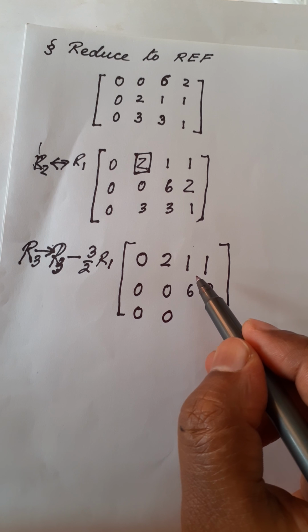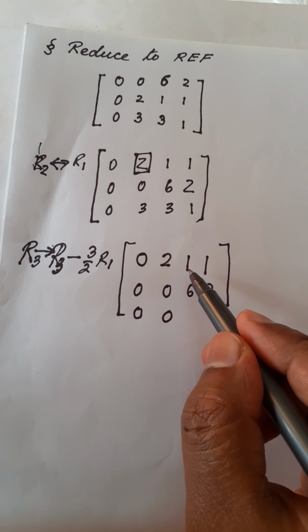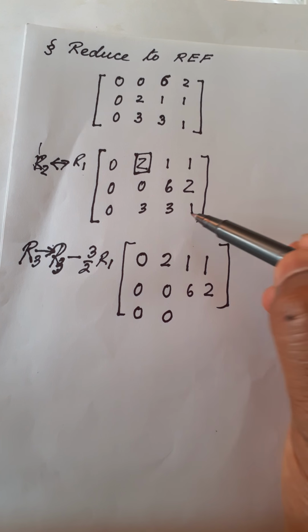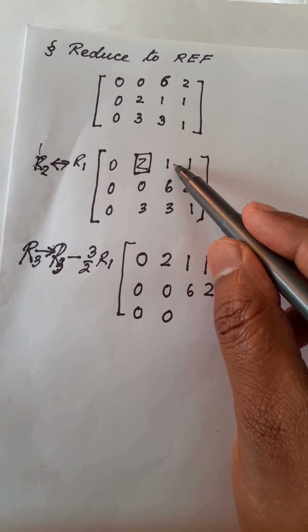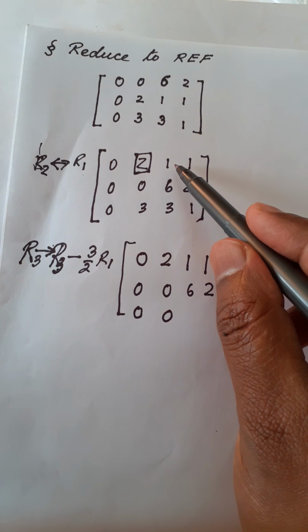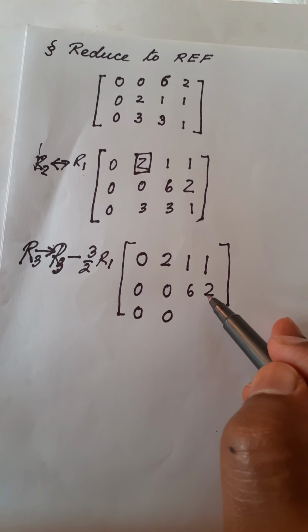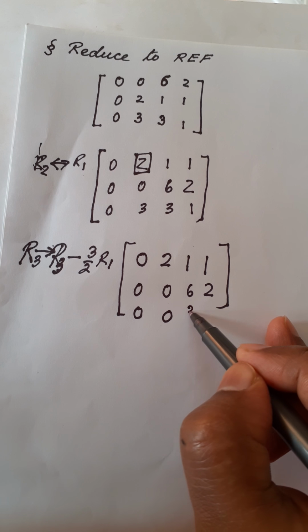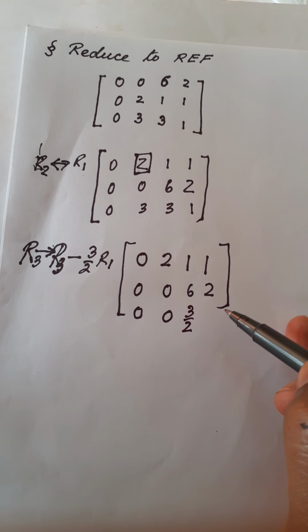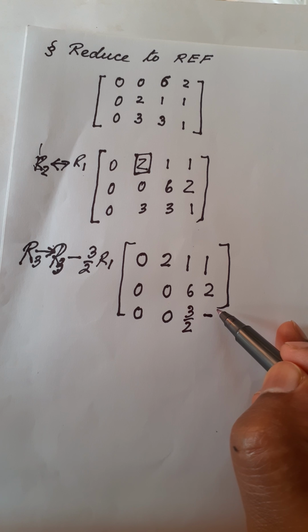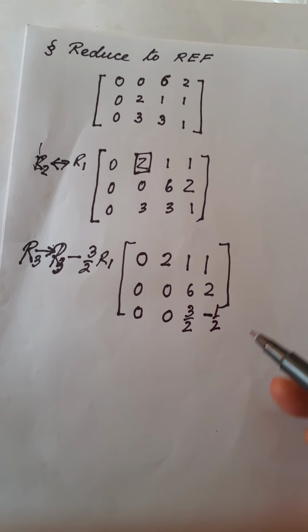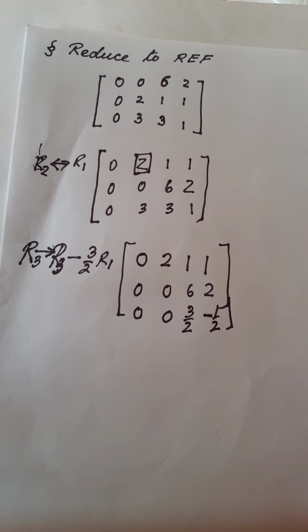What about this? 3 minus 3 by 2 times of 1. So it means 3 minus 3 by 2. So it is 6 minus 3 by 2, which is again 3 by 2. And this is 1 minus 3 by 2, so this will be minus 1 by 2. So this is the reduced matrix.